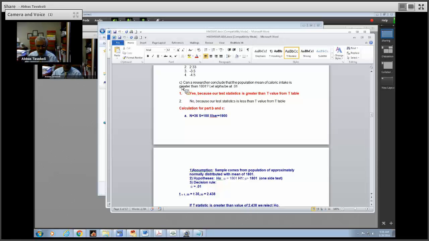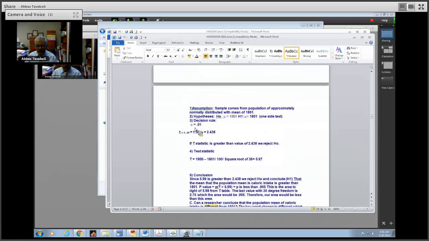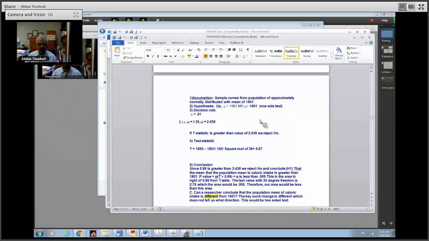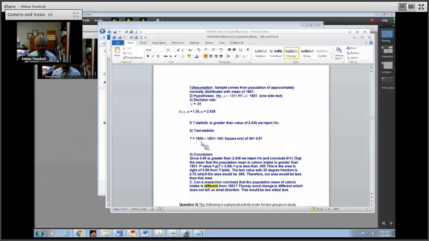Here is how you set up your hypothesis: can researchers conclude the population mean of calorie intake is greater than 1801? Again, it's one-sided because you have the keyword greater. So the null hypothesis is mu equals 1801, and the alternative is greater. Our alpha was 0.01, so t with 35 degrees of freedom at 0.99 is 2.438.